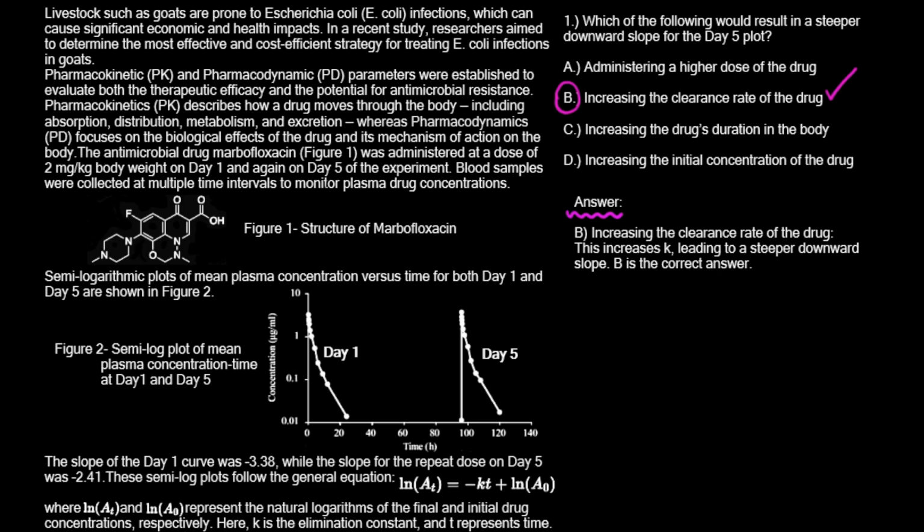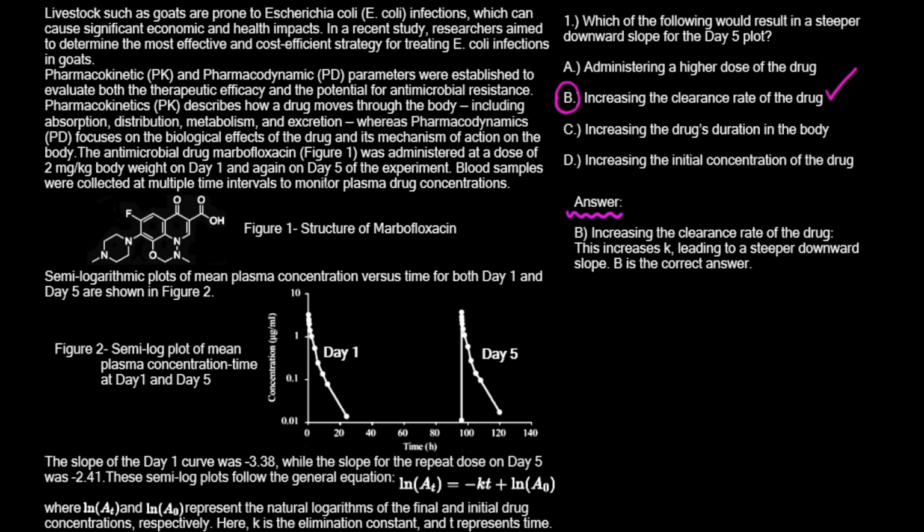So what happens to the slope when the elimination constant changes? Does increasing or decreasing k make the slope steeper? If you said increasing, you are correct. A higher elimination constant means the drug is being removed faster, which makes the slope of the semi-log plot more negative, or steeper. Let's go through each answer choice and see which one is correct.